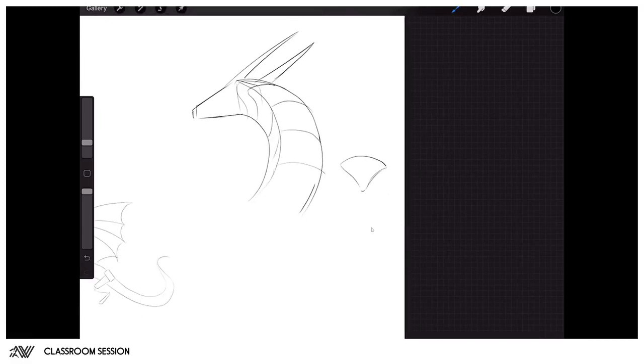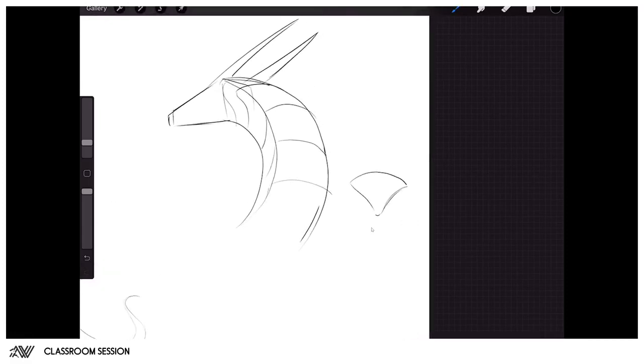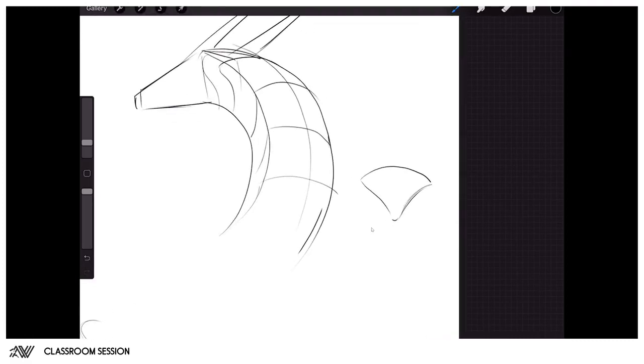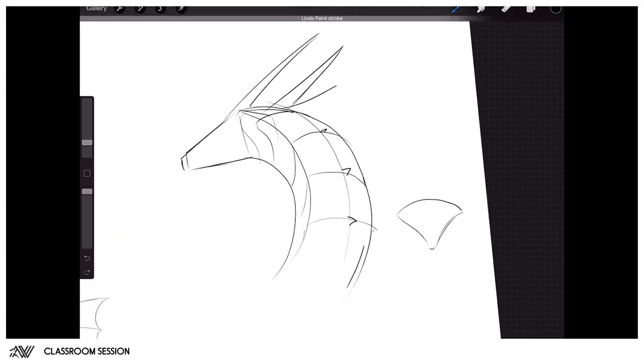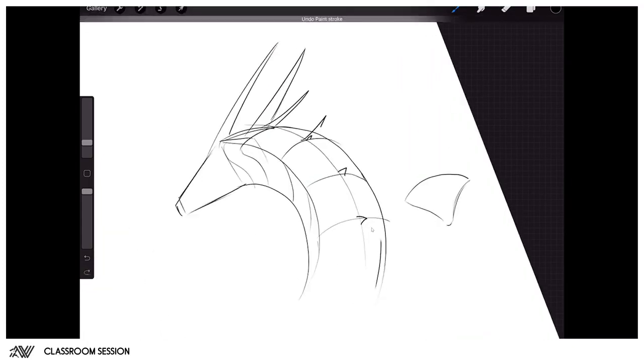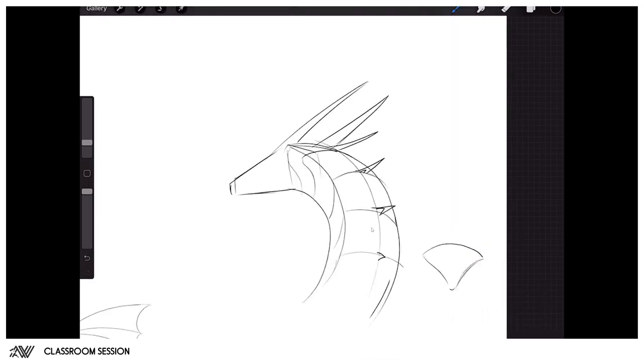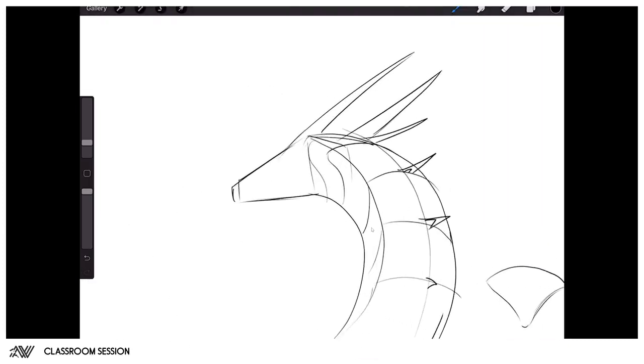So that could already make your dragon look cooler. And then thinking about that center line that runs across its back, you can add your horns or whatever detailing you want to make him start looking more interesting.